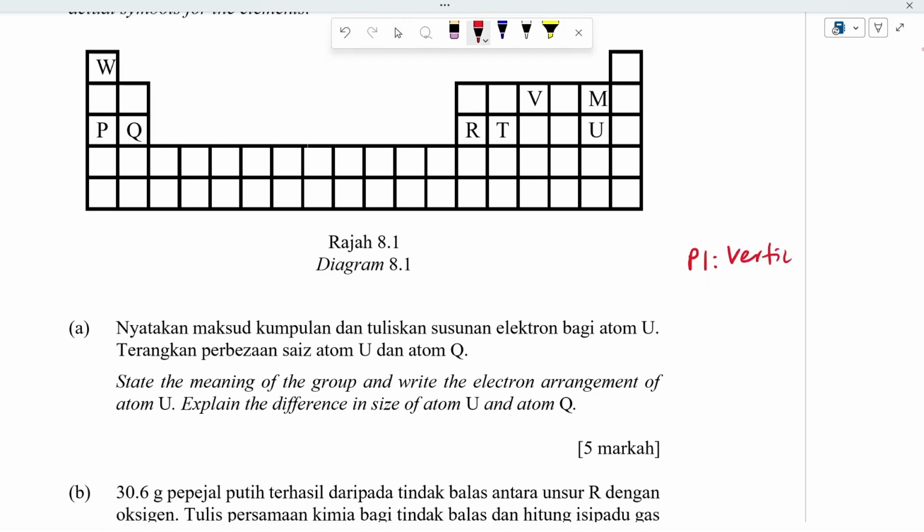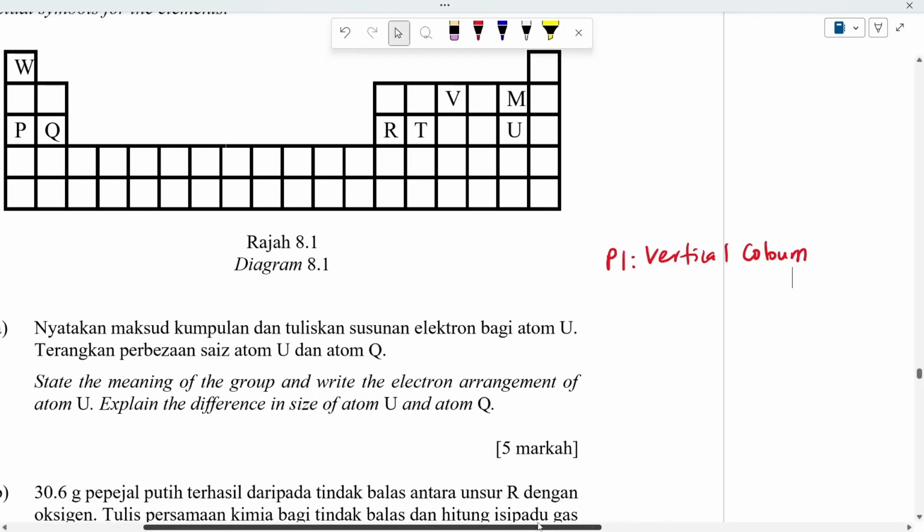It is the vertical column in the periodic table of elements. Okay, good.